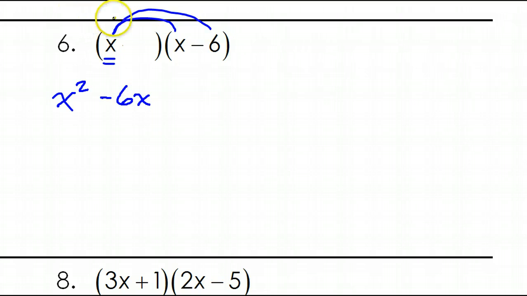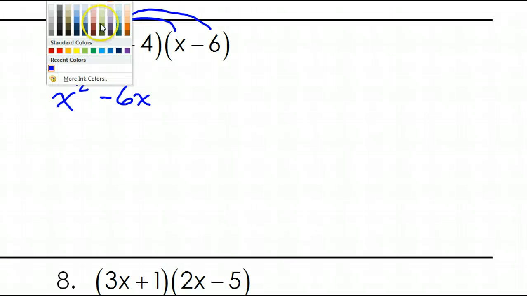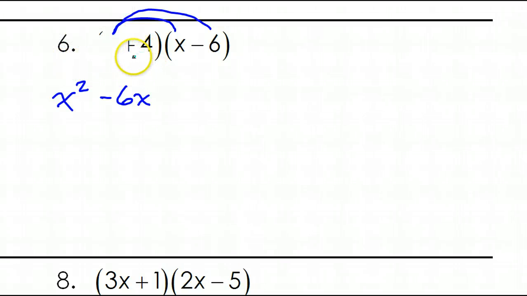Okay, now I want you to ignore the x, pretend like that's not there. So now we're going to distribute the, hold on, it's covering up the sign, that's no good.